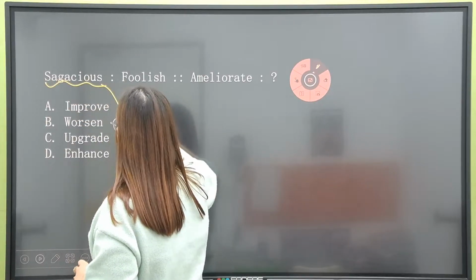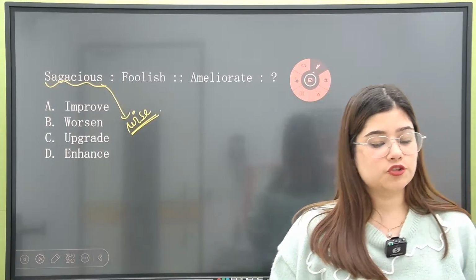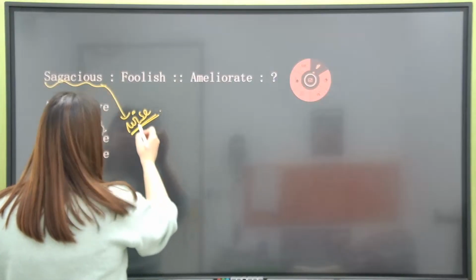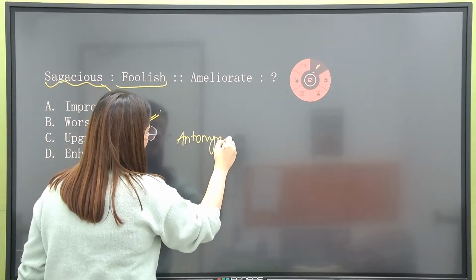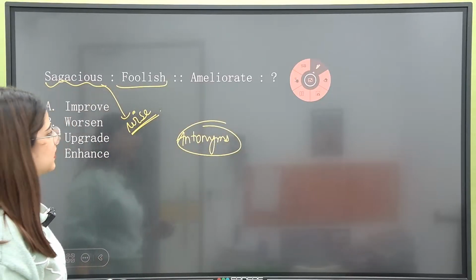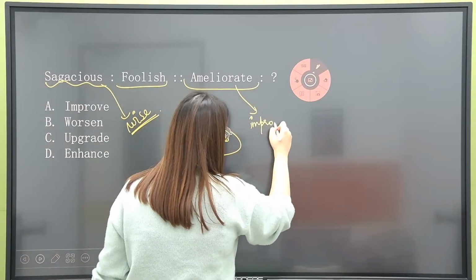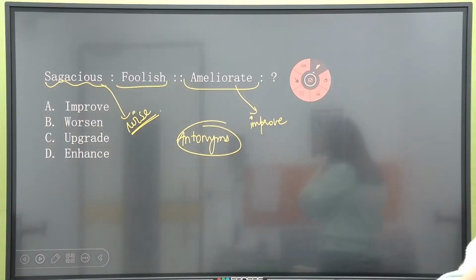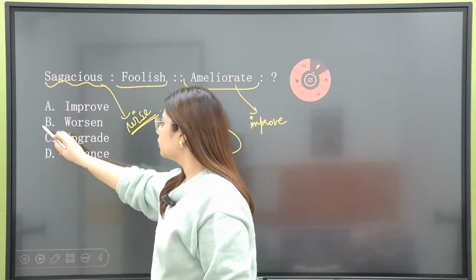Sagacious is someone who's wise, who has good judgment. Foolish obviously means opposite. So the relationship is antonyms. So sagacious is to foolish, such as ameliorate, to improve a situation, to improve something, is to worsen.